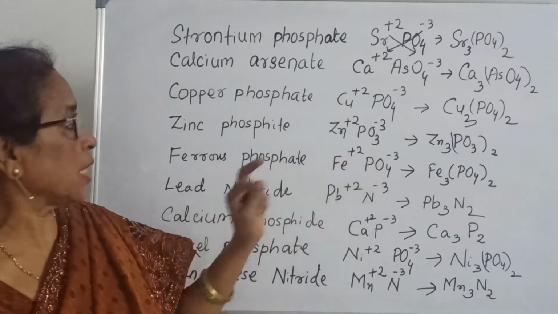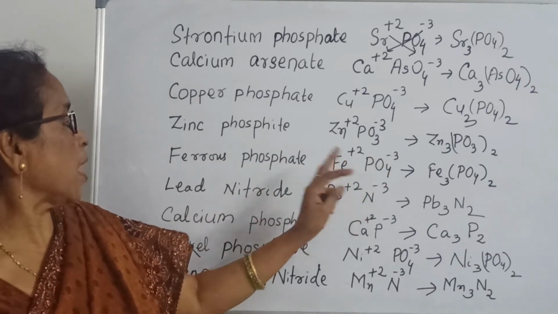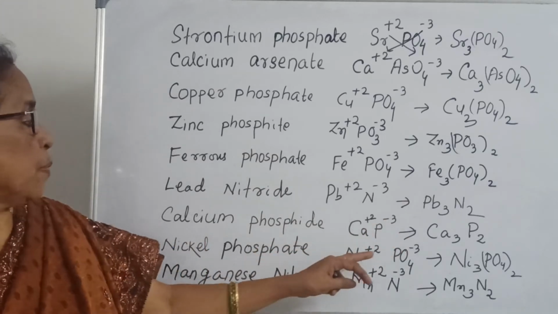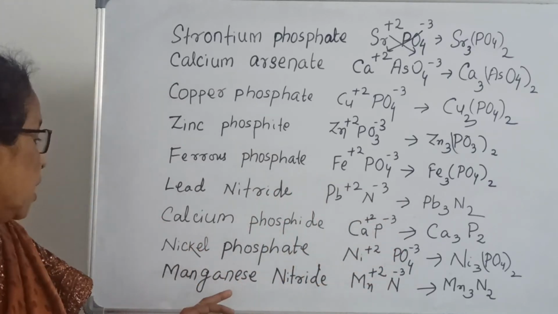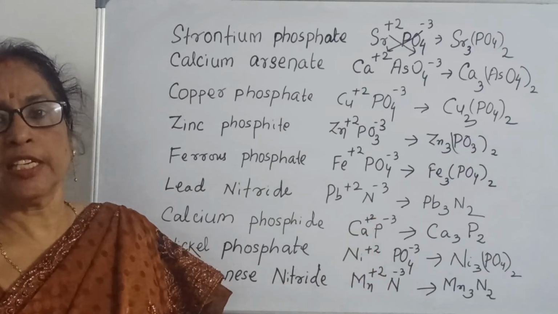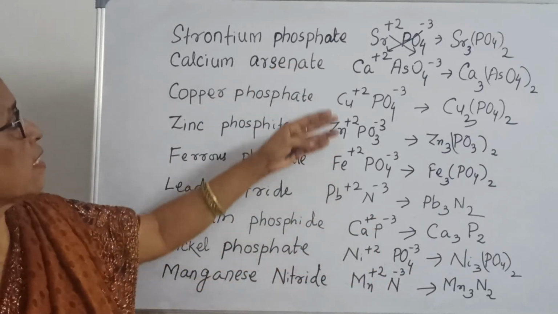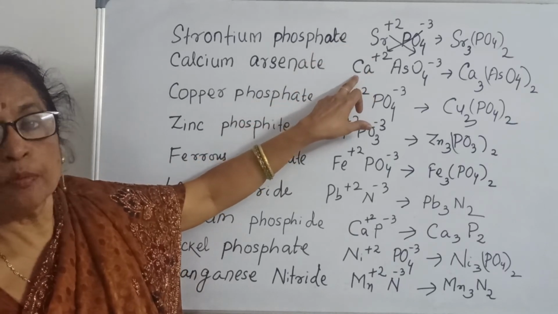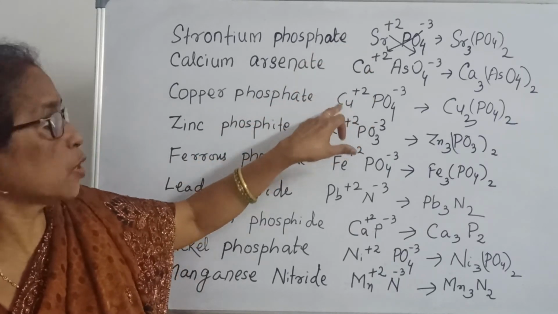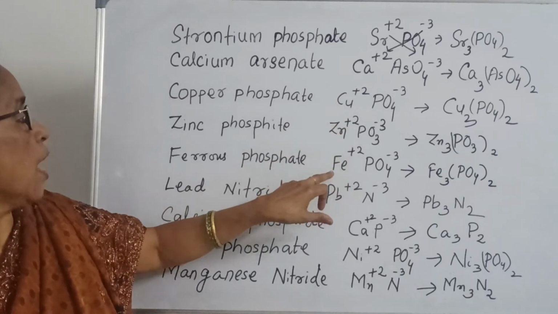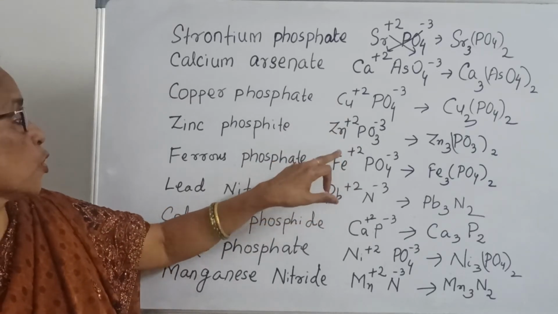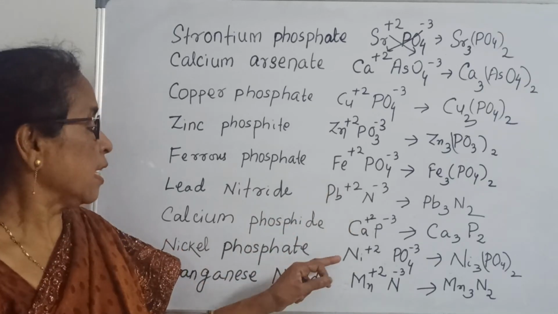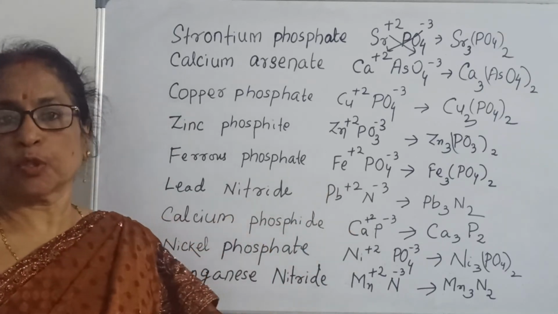Again see phosphate PO4 minus 3, arsenate AsO4 minus 3, phosphite PO3 minus 3, nitride N minus 3, phosphide P minus 3. You should remember nitride N minus 3. Similarly, on the cation side you see strontium plus 2, calcium plus 2, copper plus 2, zinc plus 2, ferrous plus 2, Pb plus 2, nickel plus 2, manganese plus 2.